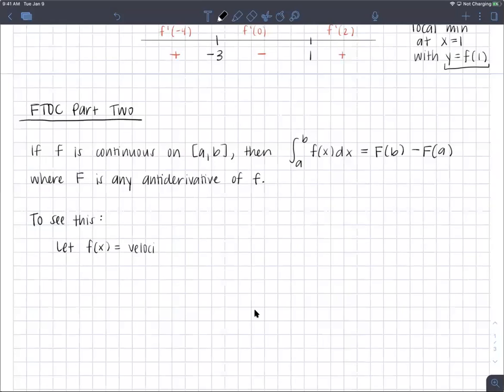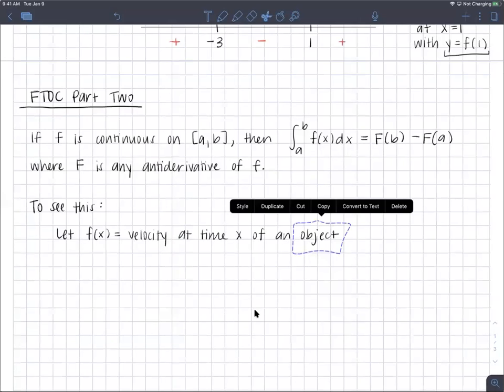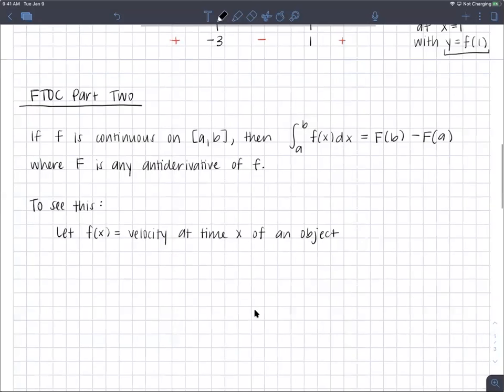So it's going to be the velocity at time x of an object, right? Then if that's little f, then capital F of x is going to be the antiderivative of little f of x.